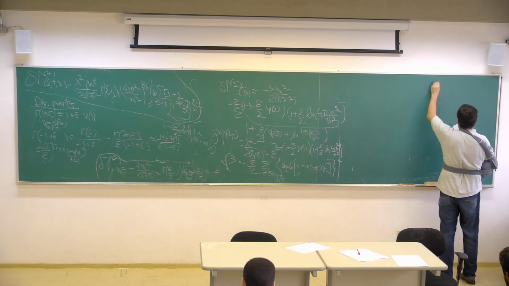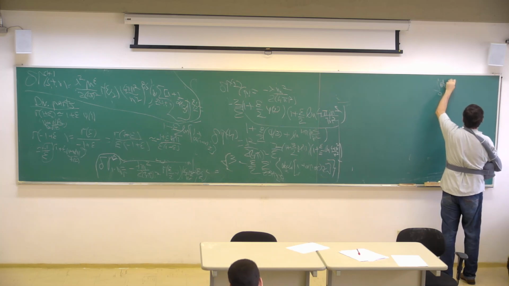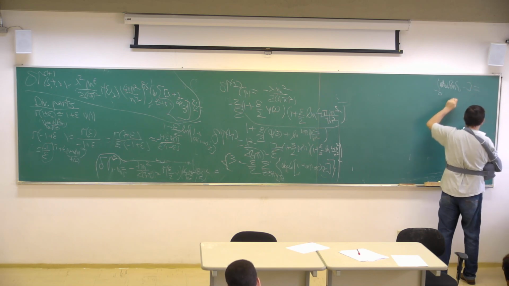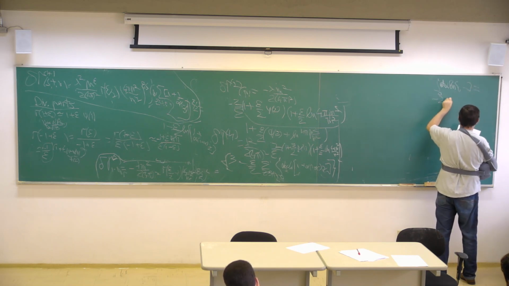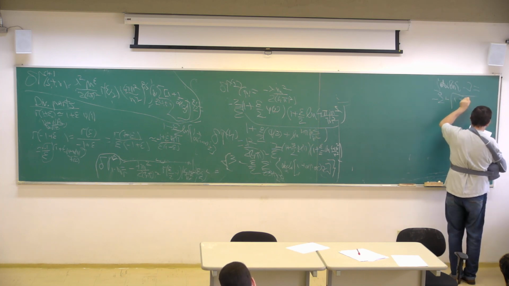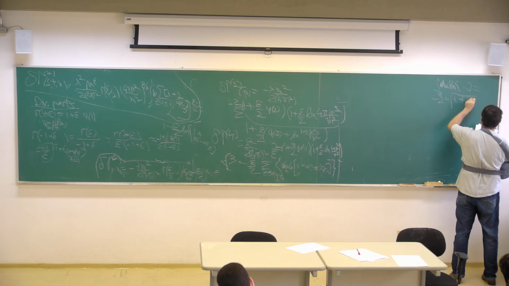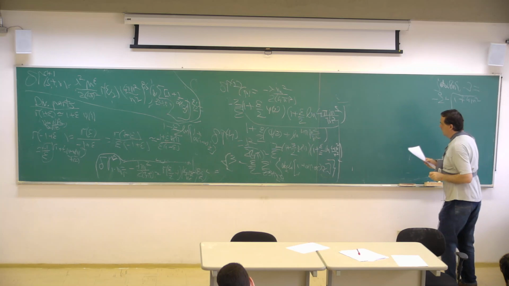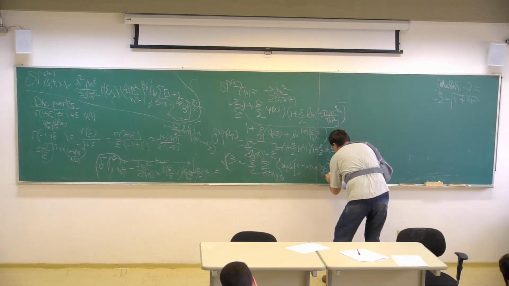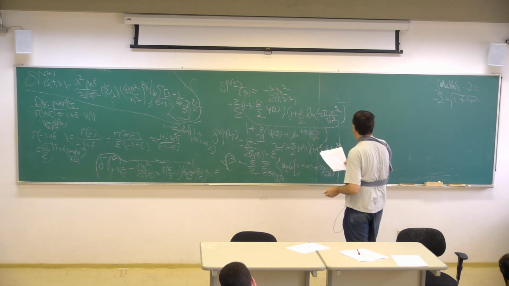But this integral is minus 2 plus square root 1 plus 4 m squared. Yeah, of course, I'm sorry, this was over m squared. I lost an m squared somewhere.